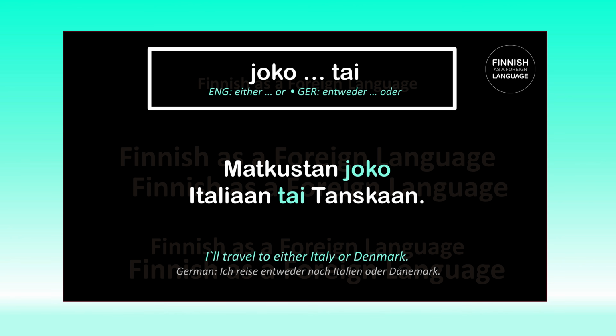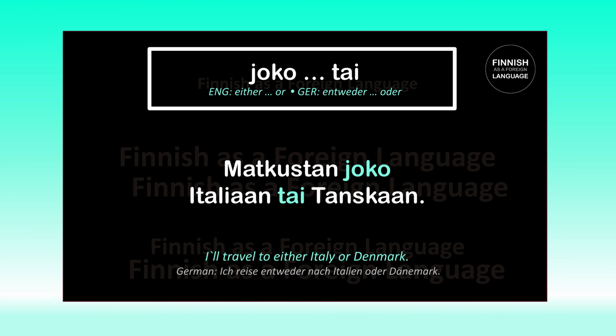Italiaan means to Italy, it's the illative case of Italia. And Tanskaan means to Denmark, here we have the illative case of Tanska. So again, here joko tai means either or. Let's repeat again. Matkustan joko Italiaan tai Tanskaan. I travel to either Italy or Denmark.